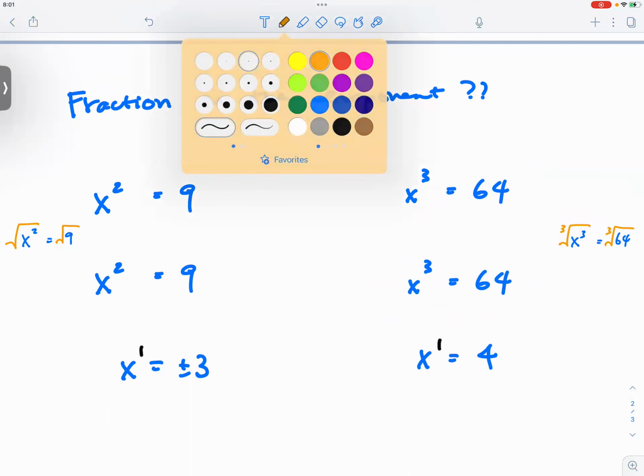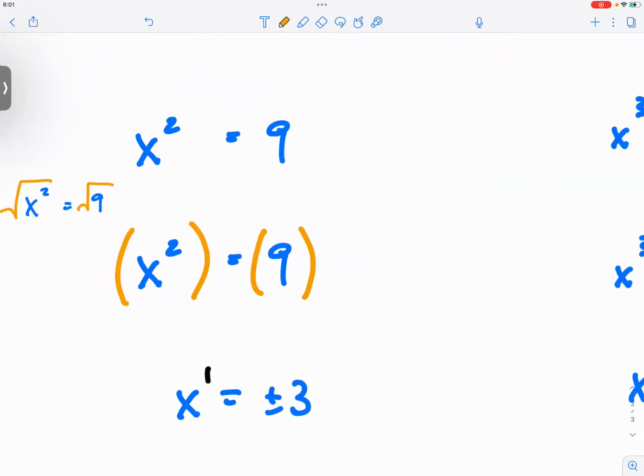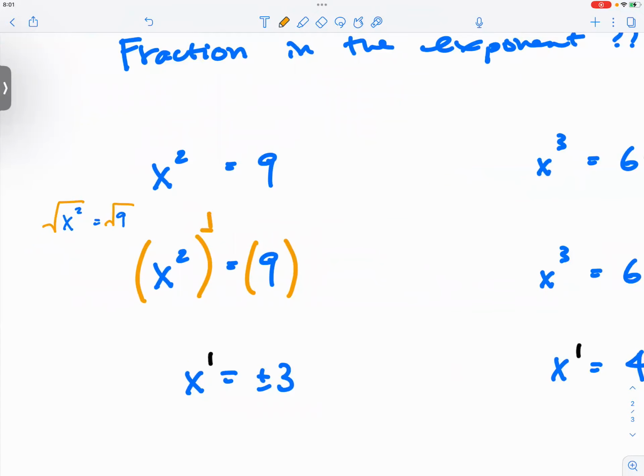Instead of saying square root, we can say that we are raising to the power of 1/2 on both sides. And if you remember your exponent rules, they're supposed to multiply. That explains why it's equal to 1.